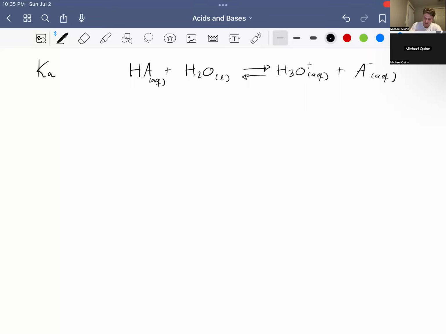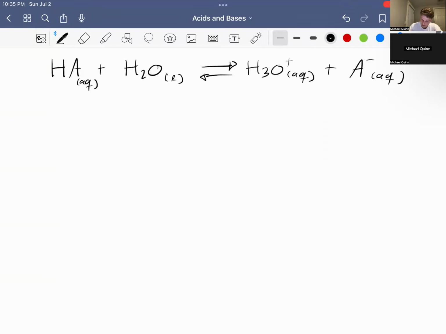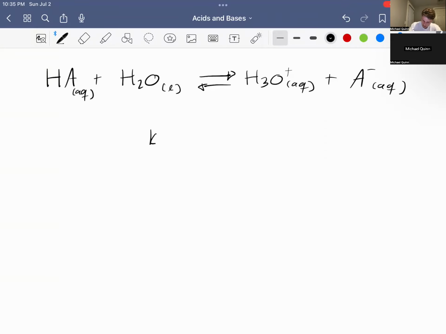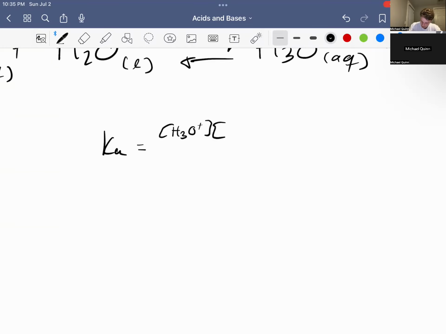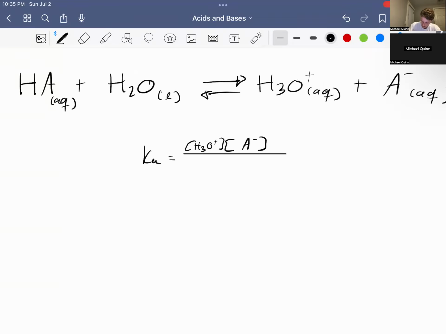So Ka for this reaction will be products over reactants. So it will be H3O+ times A- over HA.